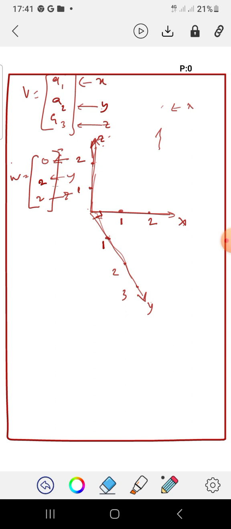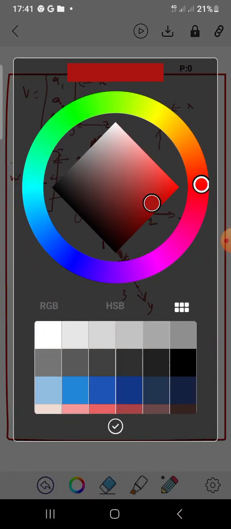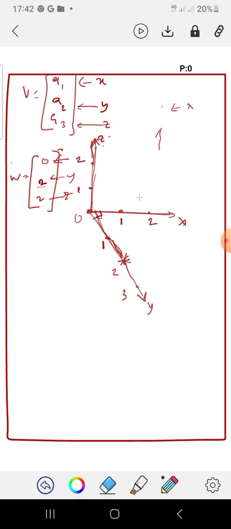That's 0 on the x-axis. This is point 0. And it's aligned with 2 on the y-axis. It means you are looking at this point. Let me give it a blue for effect. All right, so this one is like that.